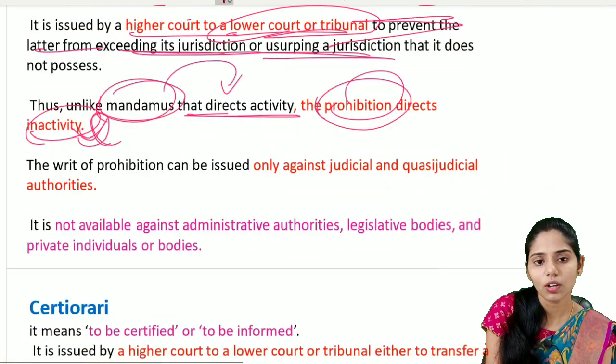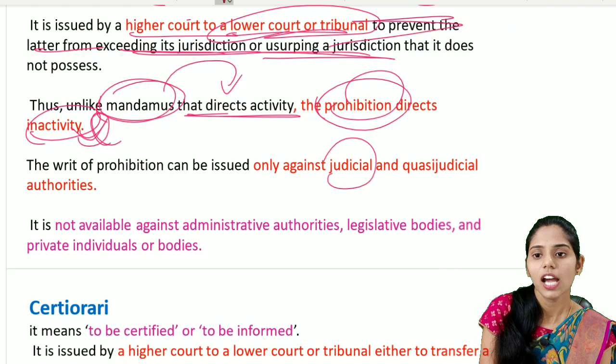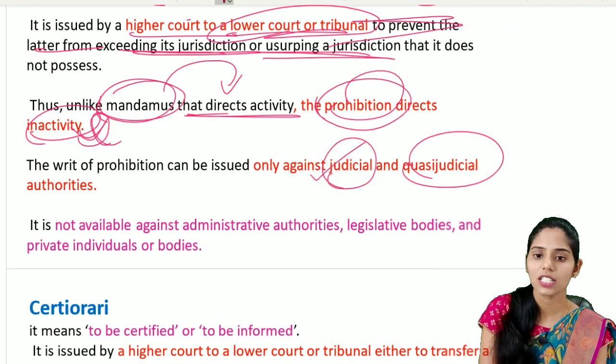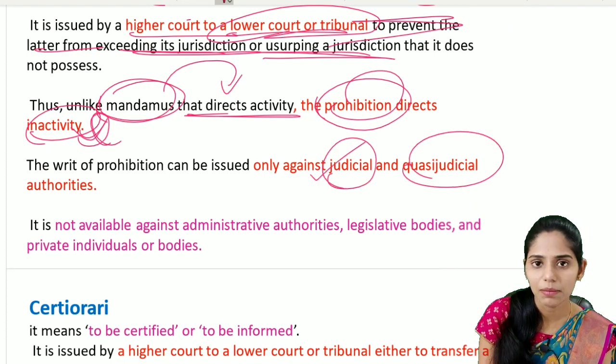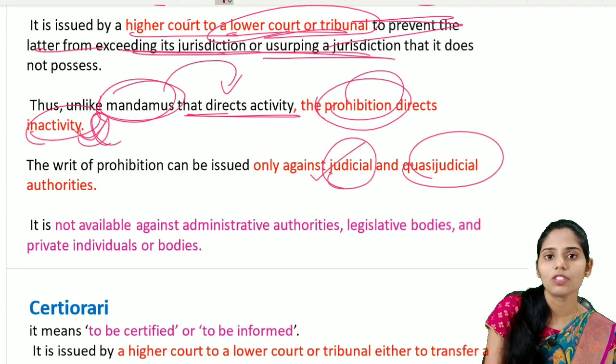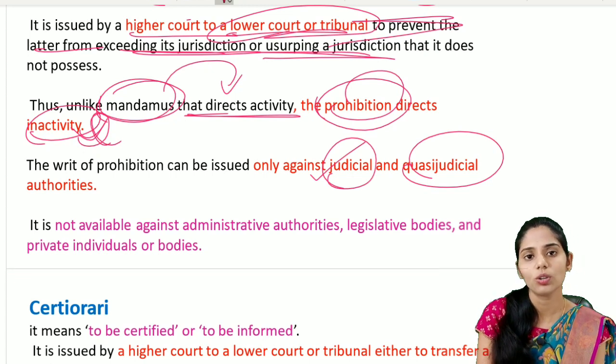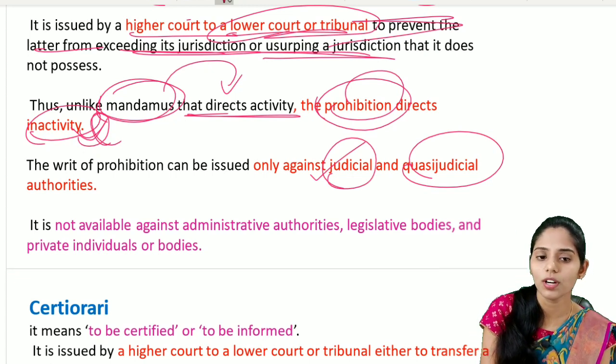The writ of prohibition can be issued only against judicial and quasi-judicial authorities. It is not available against administrative authorities, legislative bodies, private individuals and others.